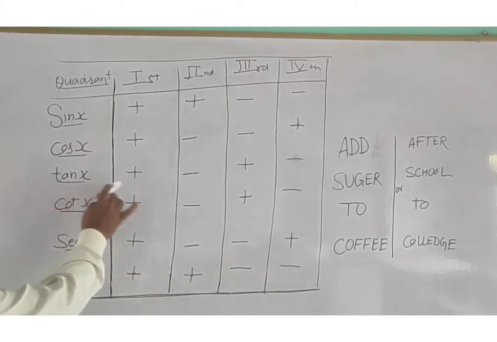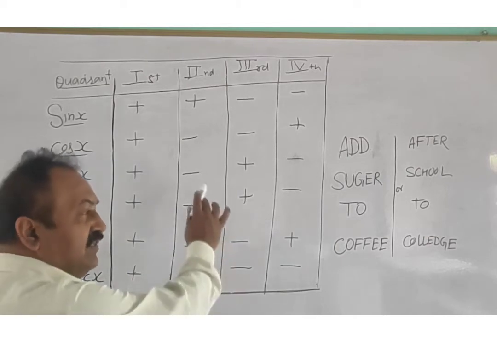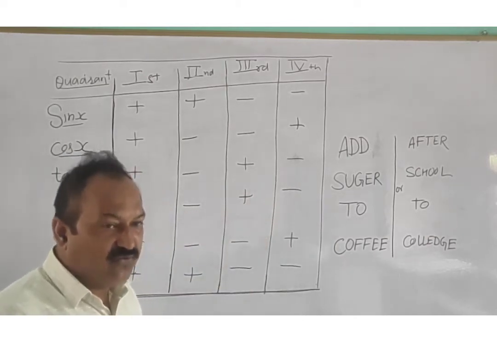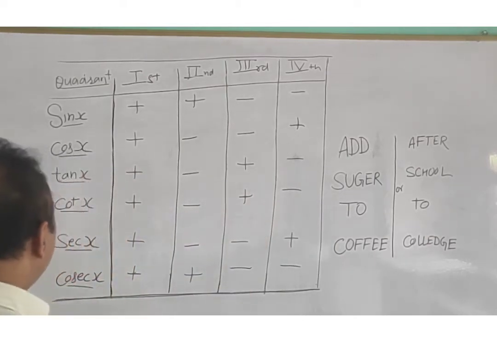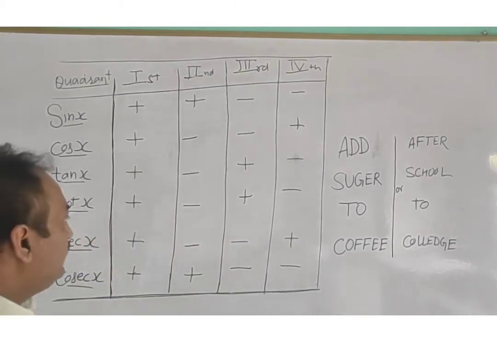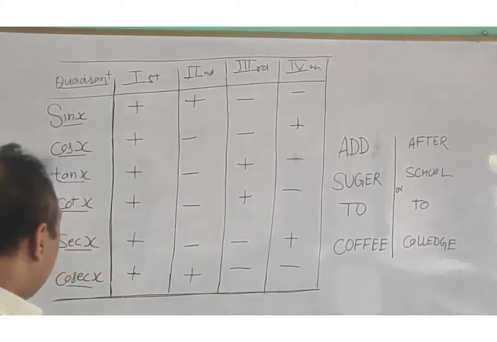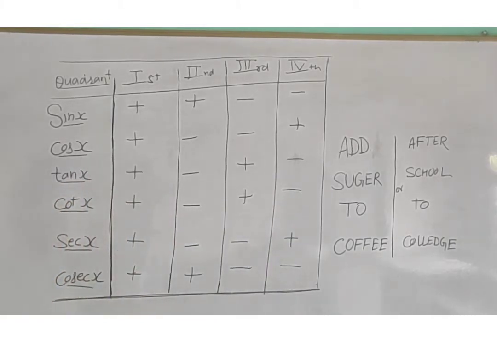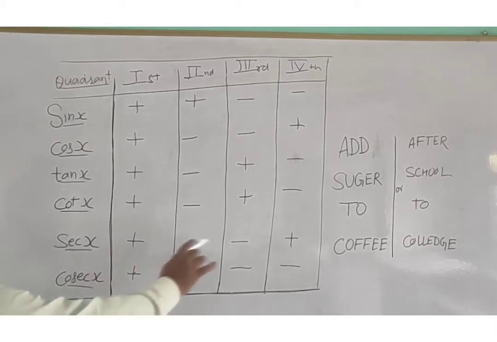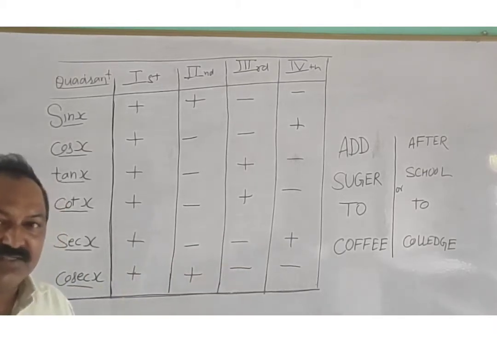And the value of tan x is positive in the first and third and negative in the second and fourth quadrant. Similarly, cot x is positive in the first and third and negative in the second and fourth. And secant theta is positive in the first and fourth and negative in the second and third.